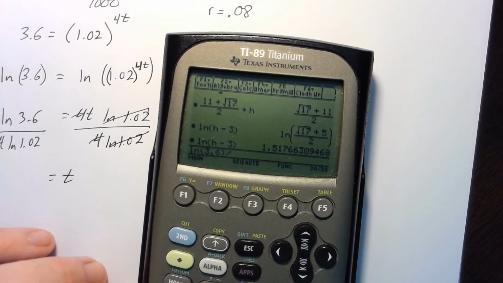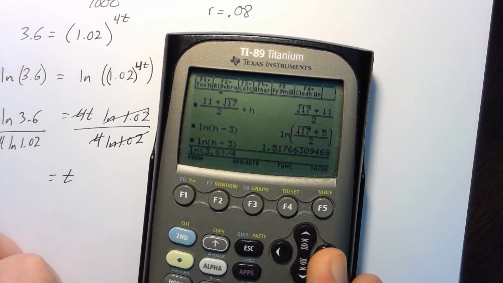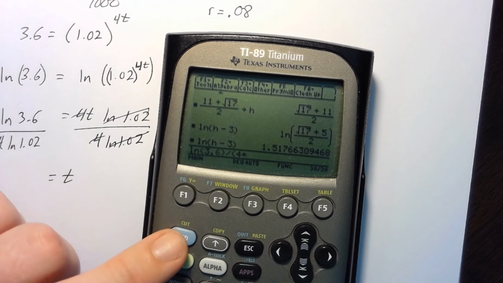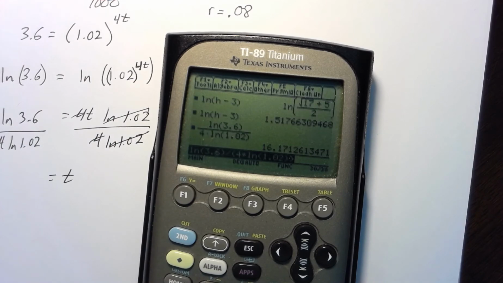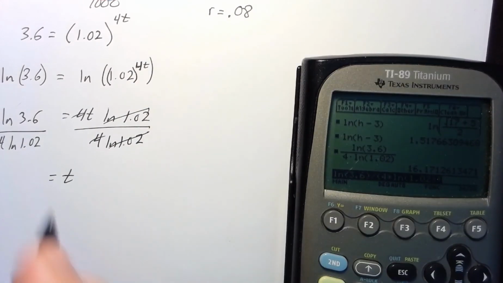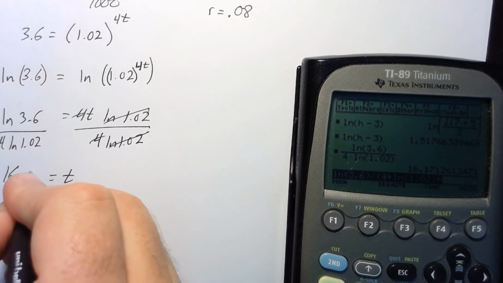I'm going to divide that by 4 times, and I'm going to be very careful here, making sure that I put a parenthesis in there to emphasize that it's all of this divided by 4, because the order of operations would be manipulated and wrong if I don't put that parenthesis in there. Then 1.02, and I'm going to end both parentheses there, the log and the denominator, and then when I hit enter, I'm going to get 16.17. 16.17 says it's going to be 16.2.